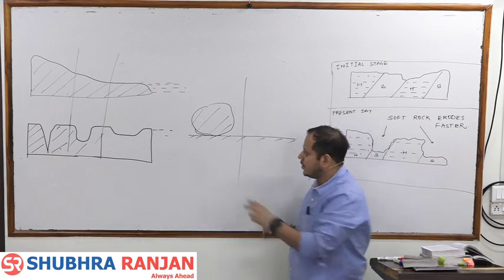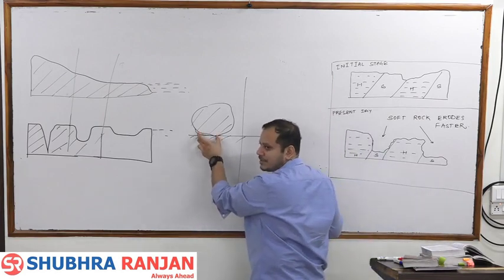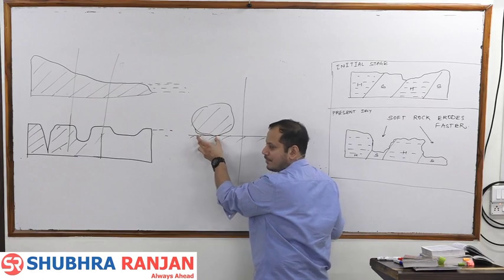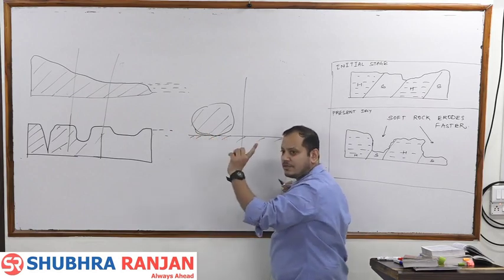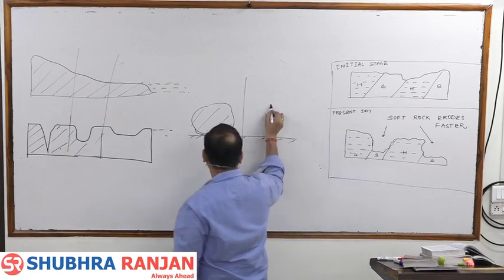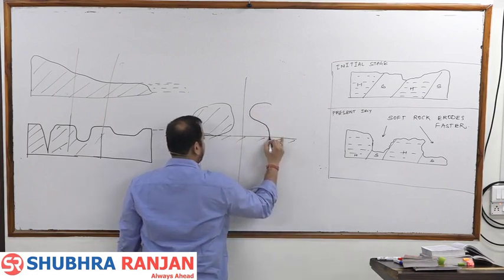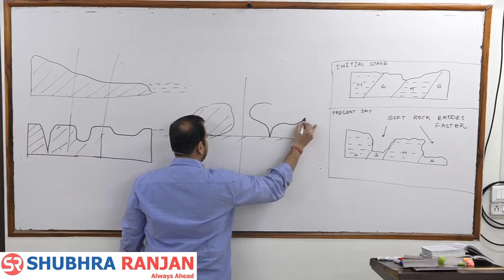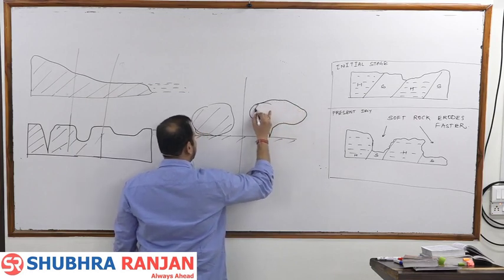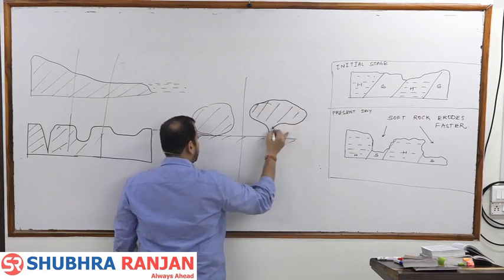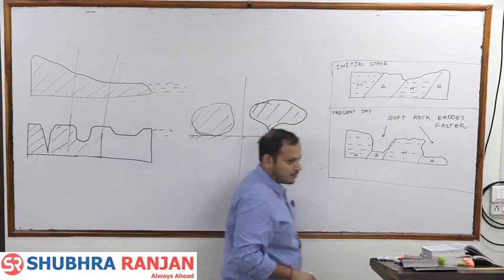So what happens? Only the lower part of the rock is getting eroded. And because the lower part of the rock is getting eroded from all sides, this rock which was initially rounded, over a period of time will get converted into a different shape. Only the lower part is eroded and it looks like a mushroom, and we will call this a mushroom rock.